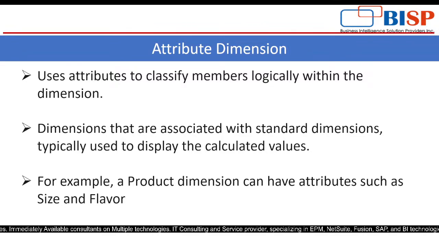Attribute dimension uses attributes to classify members logically within the dimension. These dimensions are associated with the standard dimensions, typically used to display the calculated values. For example, a product dimension can have attributes such as size and flavor.